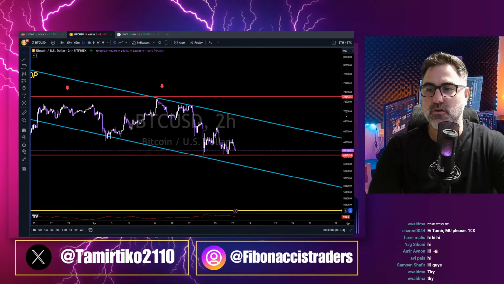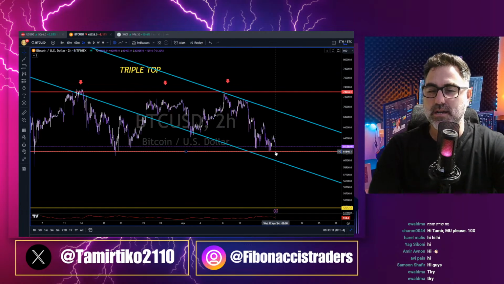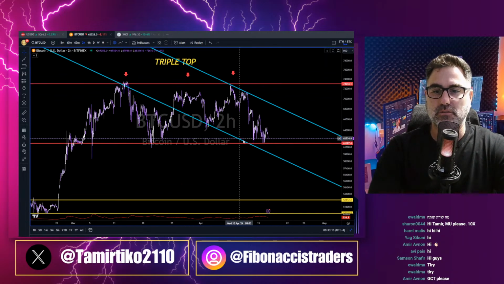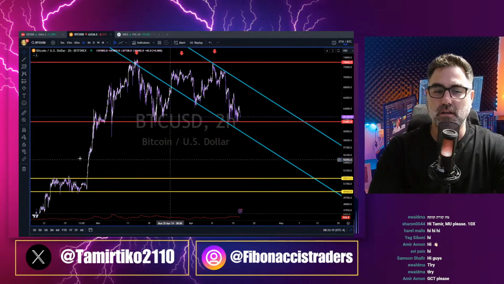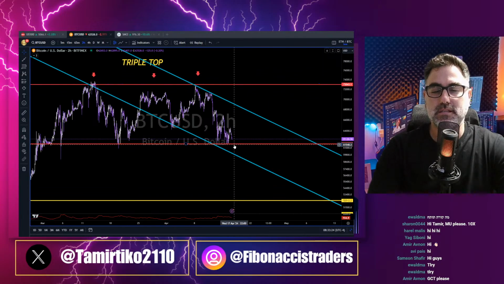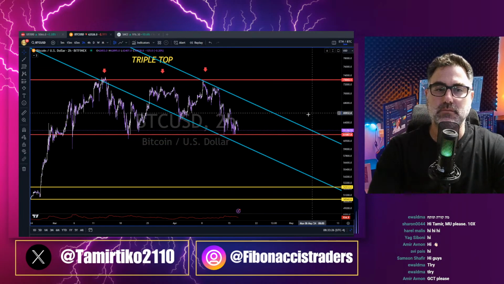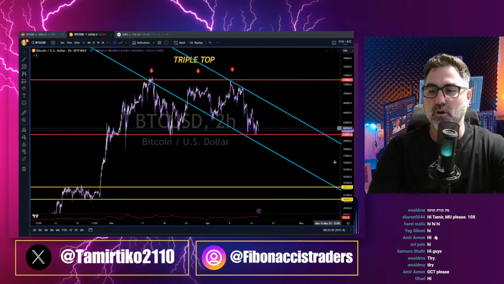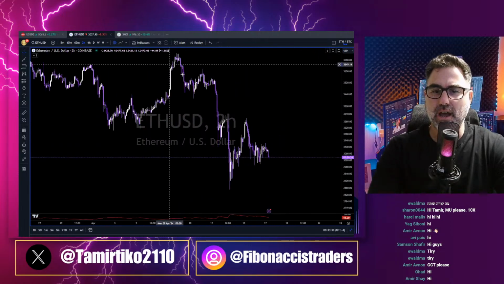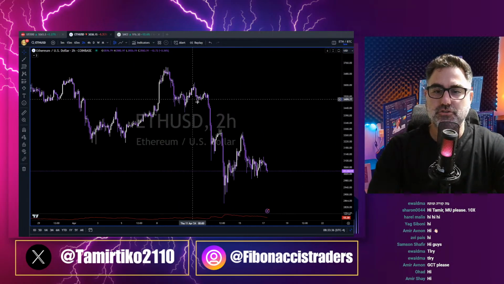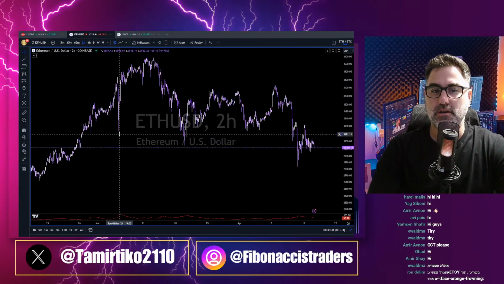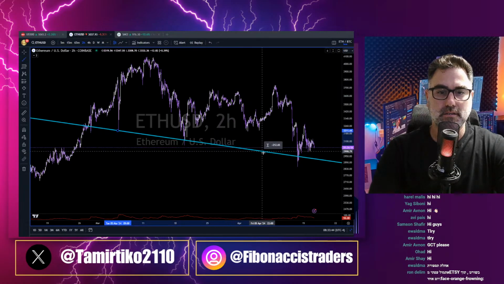Bitcoin, for now, going to retest the 61,600, this red line. Breaking down and under, and we will see continuation in this downtrend channel towards the yellow zone at the 50K. Below this one, and we can say goodbye to this bull market of crypto. Ethereum also going downside. This is the 2 hours on Ethereum, going south.